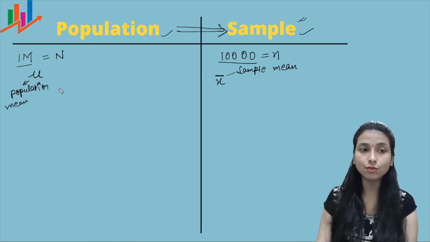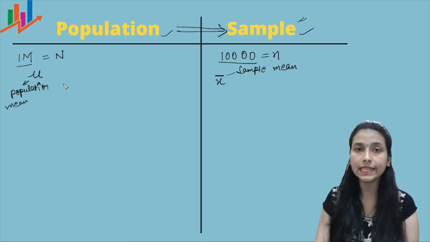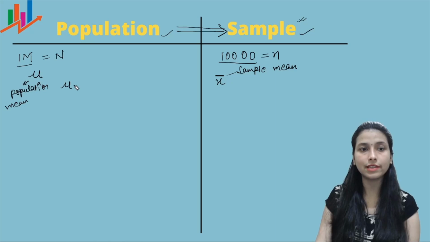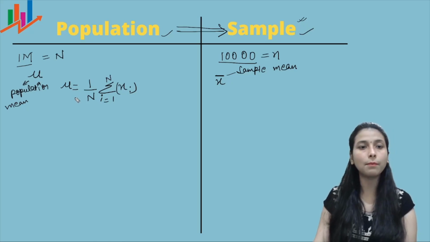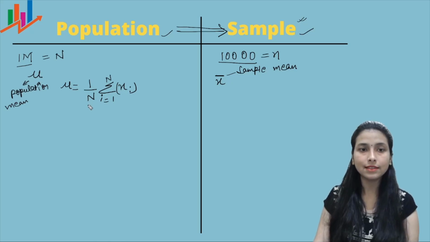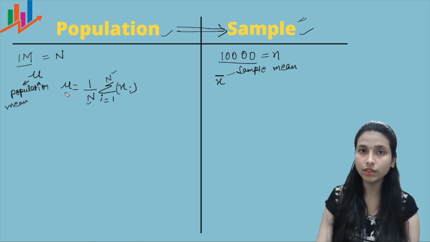If you have to take out the population mean of certain data, the formula is mu is equal to 1 by N, summation of i equal to 1 to N, x i. This is the formula by which you can calculate the population mean, and capital N represents the count of the population.